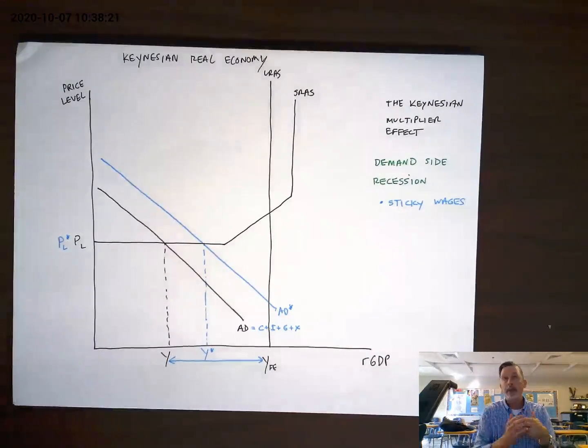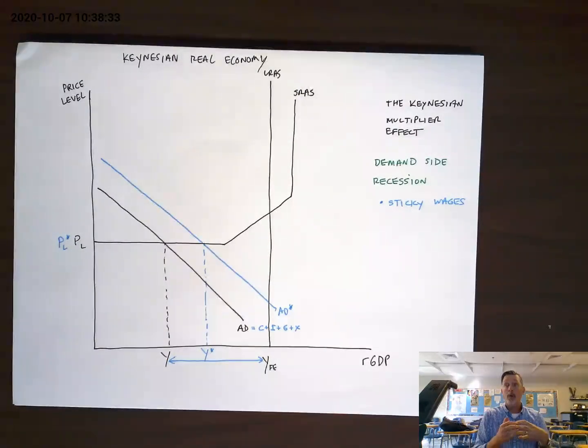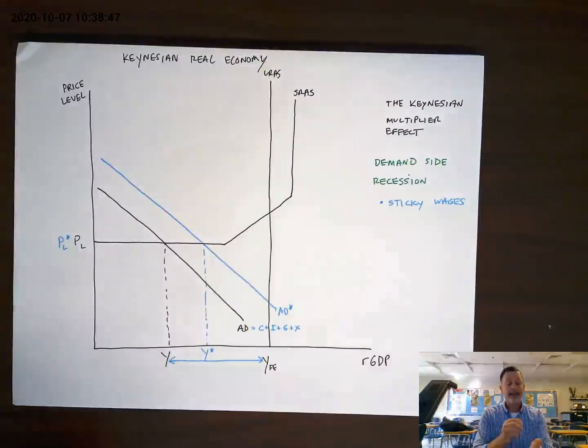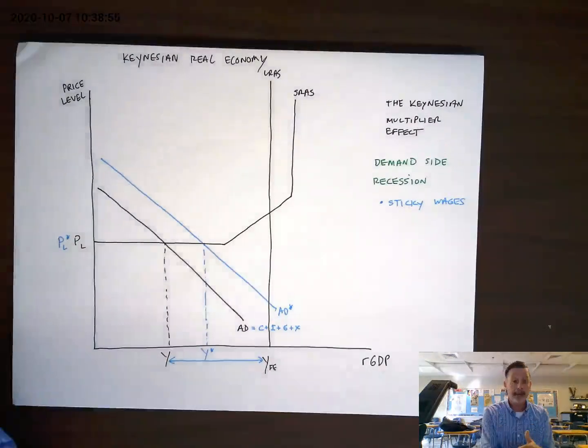Now, the multiplier effect comes from the idea that money doesn't get spent just once. Money gets spent over and over again. The phrase often used to signify this is that one person's spending becomes another person's income. One person spends money, that becomes somebody's income, and then that income gets spent again and becomes somebody else's income.